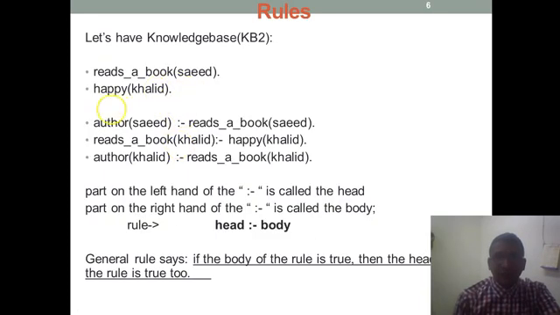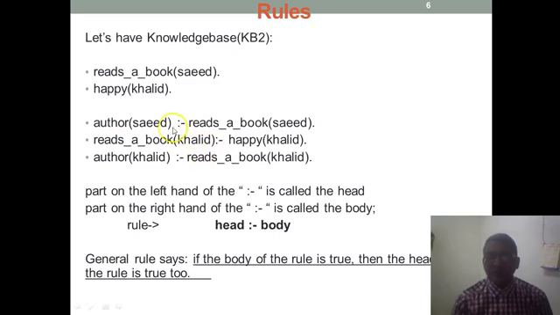Because of the rules. Here we have the information that Khalid is happy. So if you look at rule number 2, Khalid happy means Khalid reads a book. So out of this Khalid happy fact, the knowledge base can induce new information that Khalid also reads a book. Means Khalid reads a book is true.